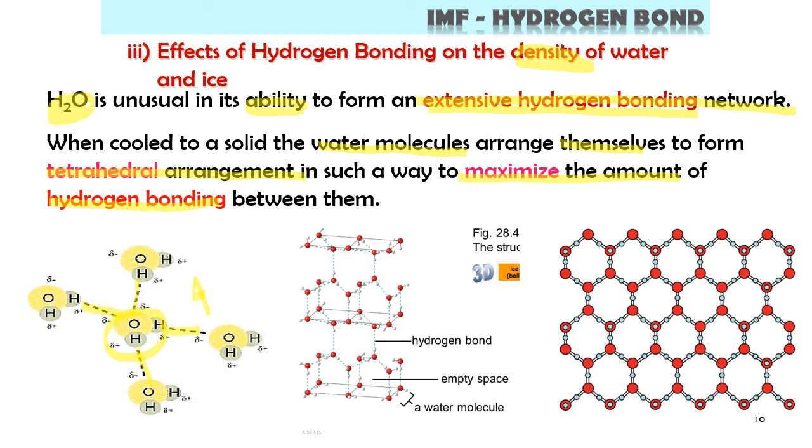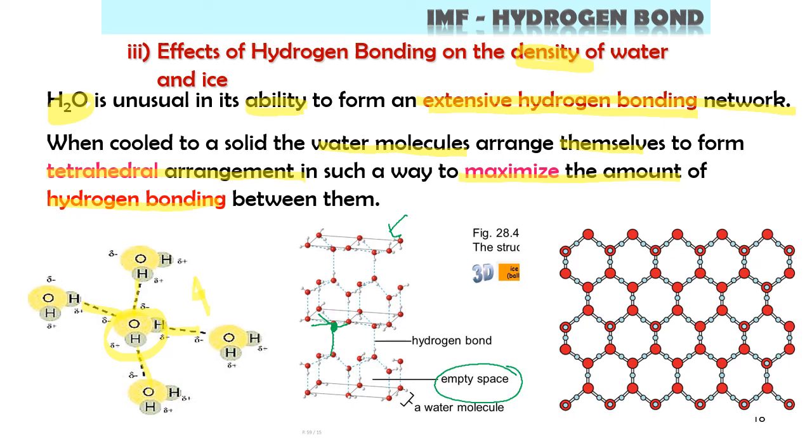So you can see dalam this structure, tetrahedral tu begini. So contoh di tengah ni, 1, 2, 3, 4. Tetrahedral ada 4 bonding kan? And so on untuk all the water molecule. Okay, so bila your water molecule arrange themselves in this order, tetrahedral, dia akan eventually form an empty space in between tu.